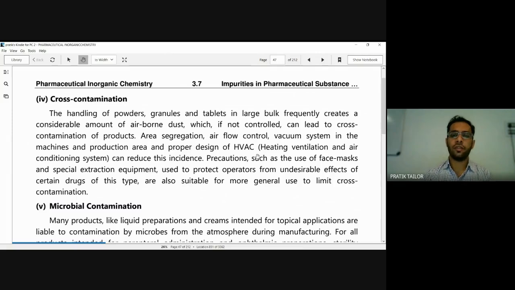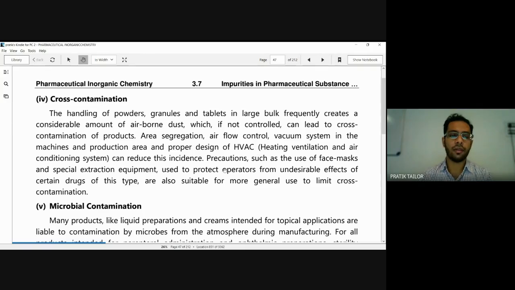So we are using air filtration systems. These air filtration systems remove the particles which can cause this airborne contamination or cross contamination due to air which is circulated in the manufacturing area.